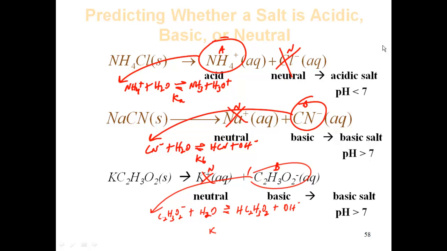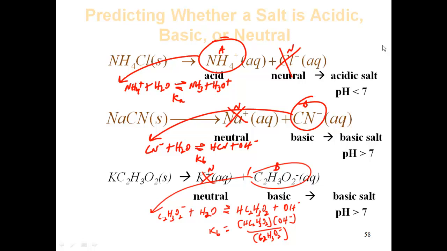It'd be Kb, which, if I want to write the whole thing, would be my concentration of acetic acid times my concentration of OH minus divided by my concentration of acetate. Okay? And then work the problem from there.